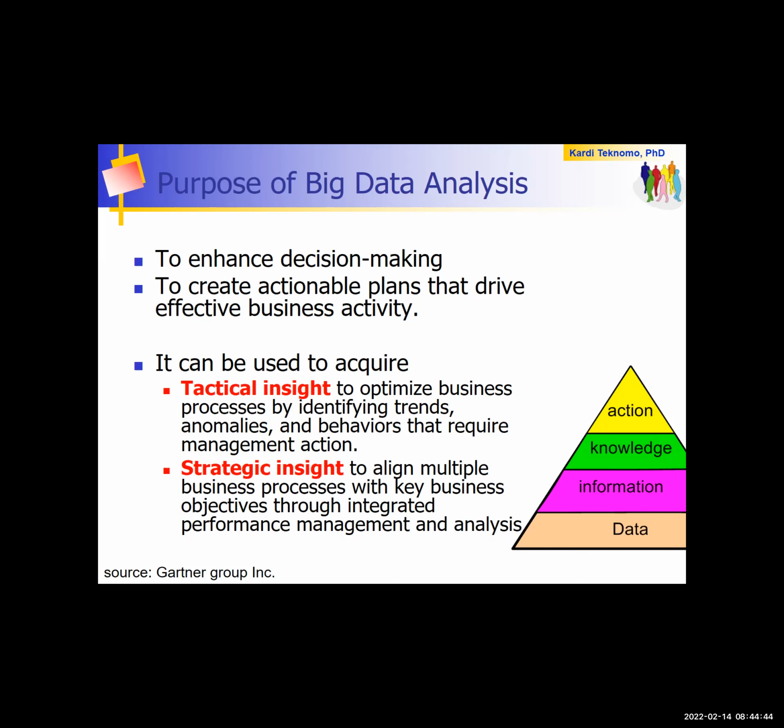One is called tactical insight, and the other one is called strategic insight. The tactical insight means you optimize the business process, for example, by identifying trends, anomalies, and behavior for certain management action. While the strategic insight will align the multiple business processes with the key business objective. So you will integrate several objectives, several processes into one.